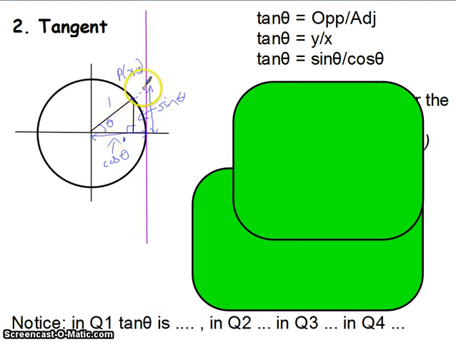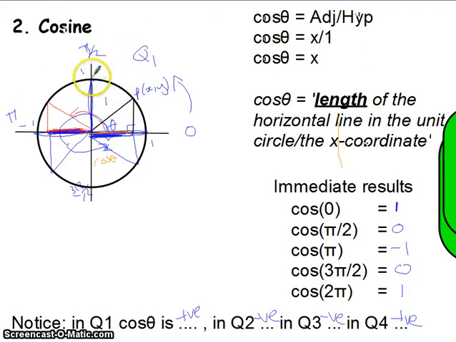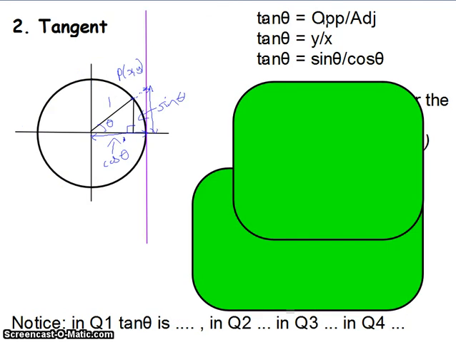So another way of looking at tan theta is it's the height of that line, and as you vary theta, you can see it's going to keep going up and up, which is why tan theta doesn't have a limit in the same way as sine and cosine do. They never go above 1 or minus 1, but tan theta can keep growing off to infinity up here.